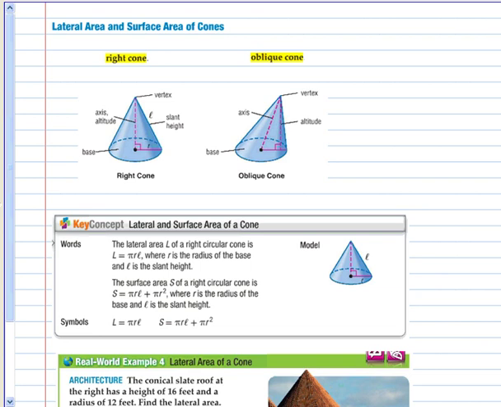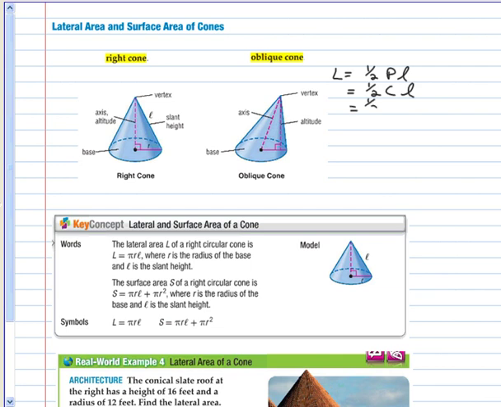And perimeter is the distance around the base. Well, if I have a cone, the only difference is I have a circle on the bottom. Circumference is the distance around the base. So let's do that with a cone: 1/2 circumference times slant height.